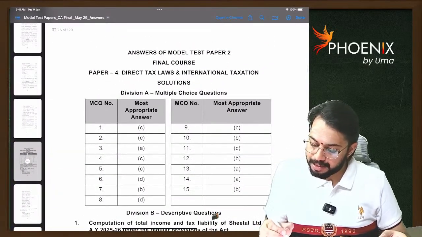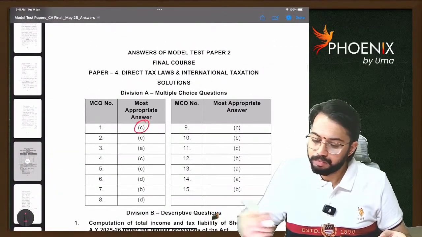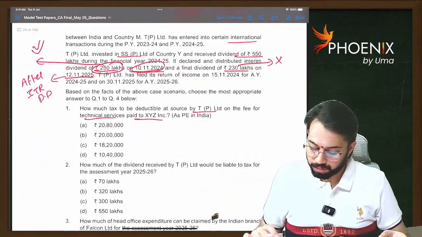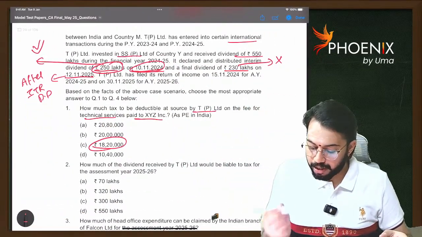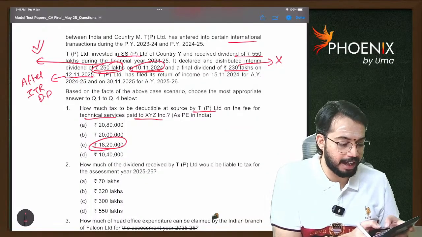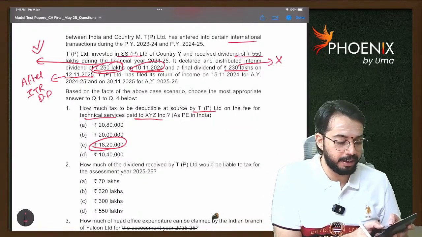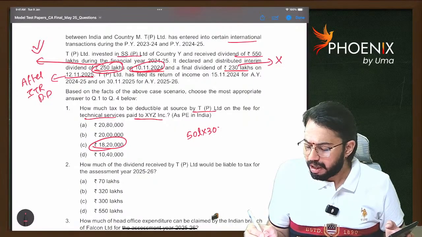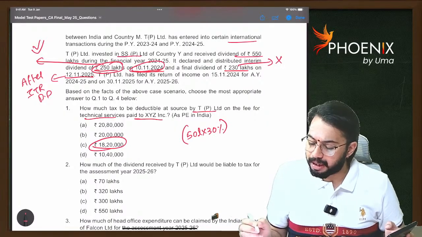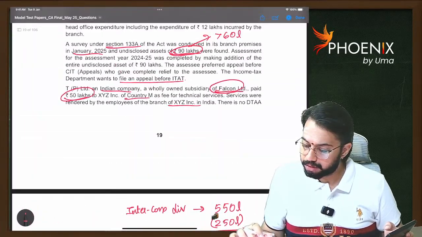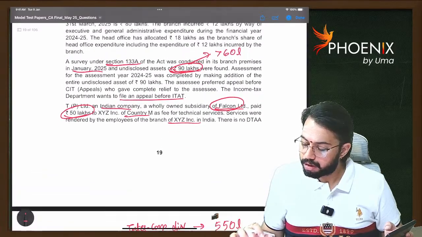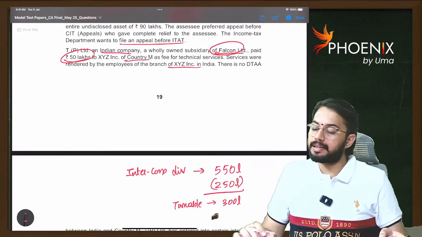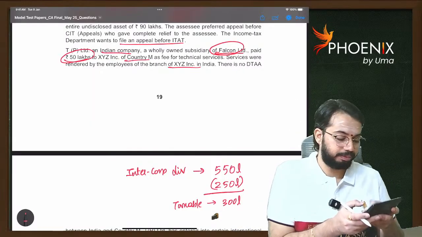First one, answer is C. 18 lakh 20,000. 50 lakhs into 30%. See, 50 lakhs into 30%, okay. Along with that, surcharge is applicable, right? 50 lakhs, Falcon Limited.